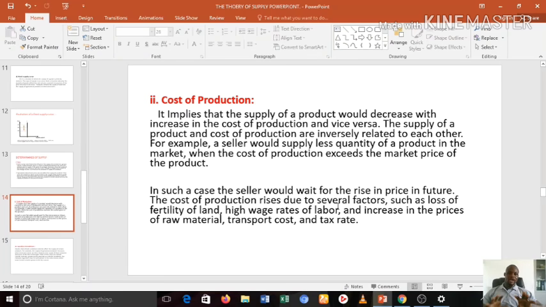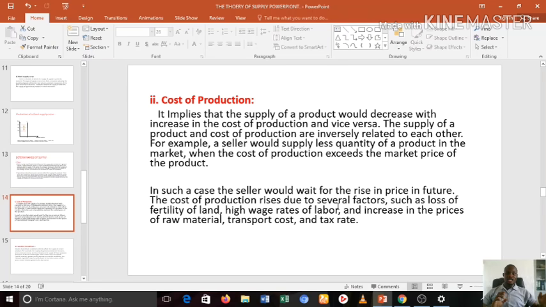But what you have to take home is that when we look at the concept of cost of production, when a supplier realizes that what he has spent in producing that particular commodity is higher than the selling price of that good, it indicates to him or her that he or she is going to make a loss if he sells the good.